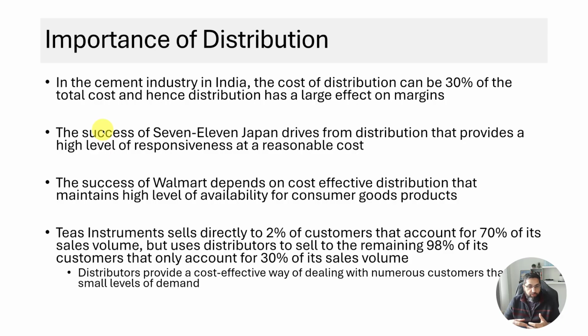They can have food items which are fresh and some very popular items available there. But they don't have all of their SKUs available in the small stores. You can order online a larger variety of SKUs, but from the physical stores, which are very convenient in many places, you can pick up the popular items. So their distribution, which is able to give frequent deliveries to keep the food fresh at these small stores, has been the reason behind their success in Japan.